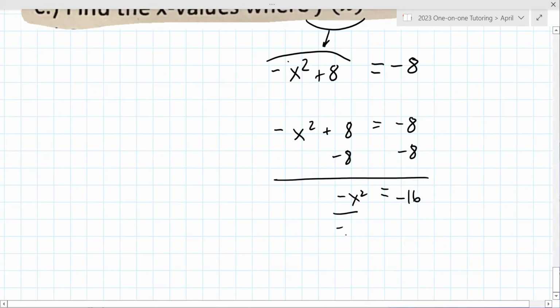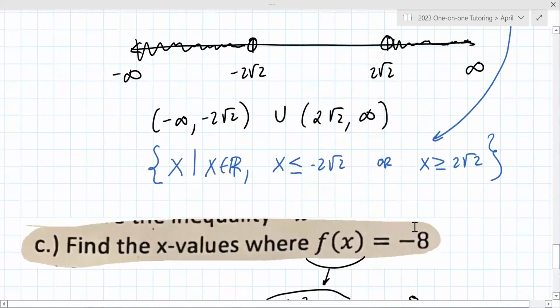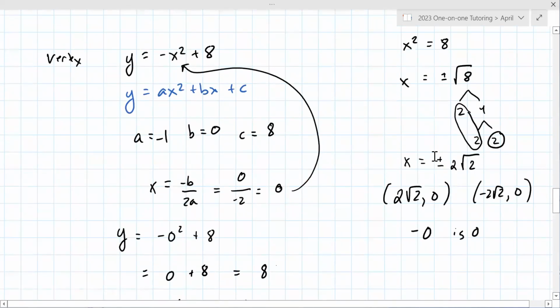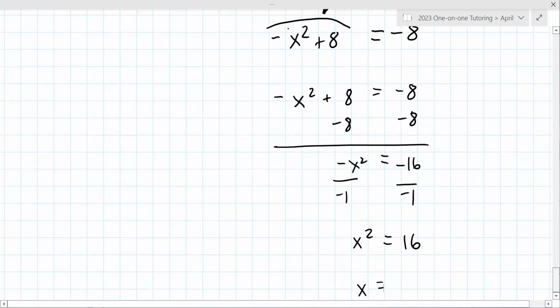You have to undo the negative. So x squared is 16, and the square root becomes 4. Anything else? Yes, plus or minus. Whenever you take a square root, plus or minus. Very important. So plus or minus 4.